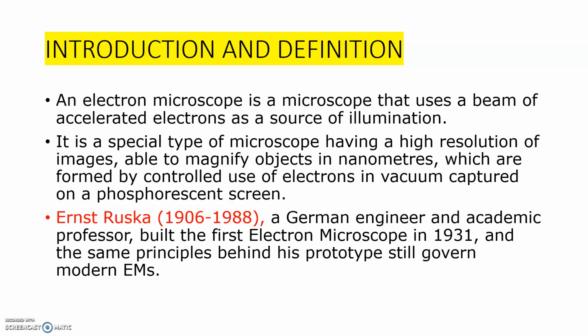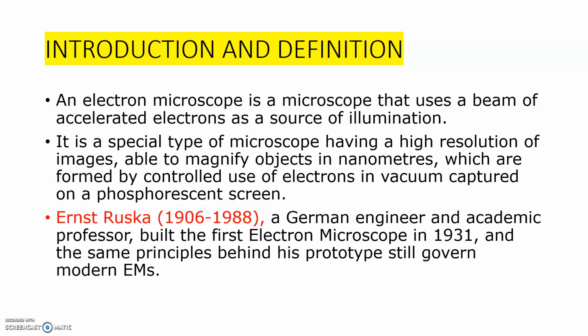Here, a beam of accelerated electrons is used. It is a special type of microscope producing high resolution images. That means it is able to magnify objects in nanometers, and the images are formed by the controlled use of electrons in vacuum, captured on a phosphorescent screen.